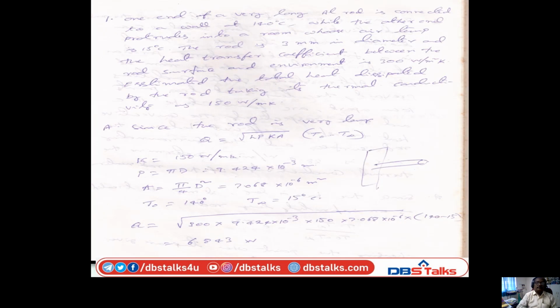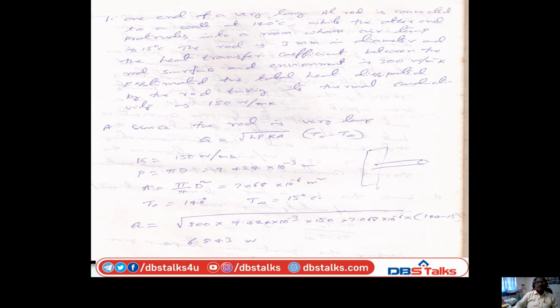Now we will discuss a problem. One end of a very long aluminum rod, so here itself it is telling that very long means it is a long fin, is connected to a wall at 140 degrees centigrade.